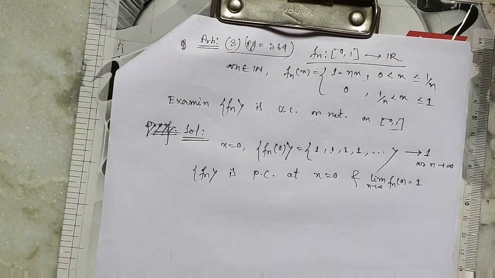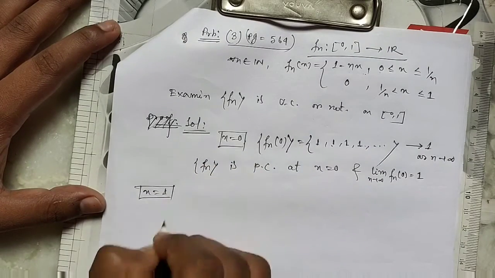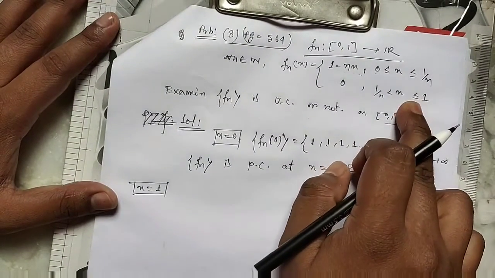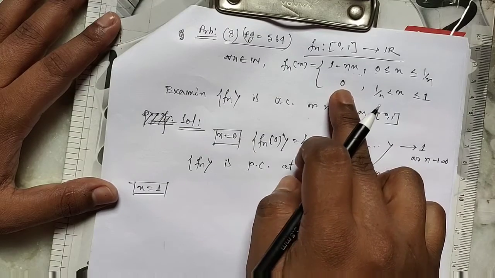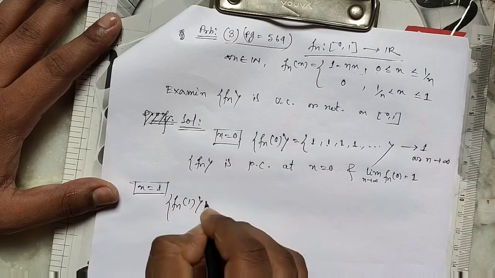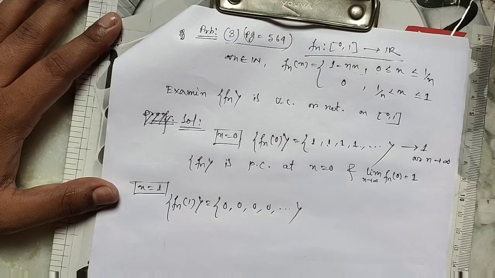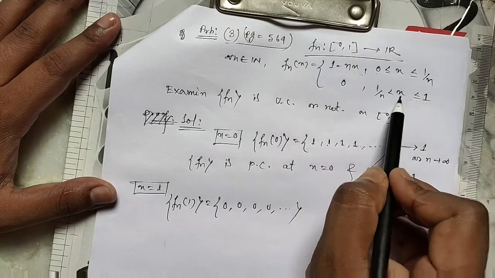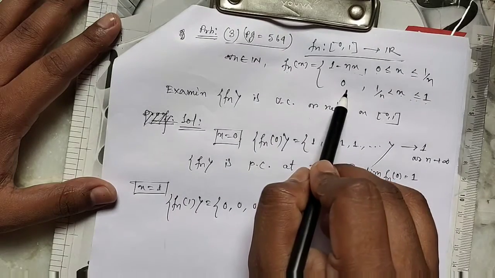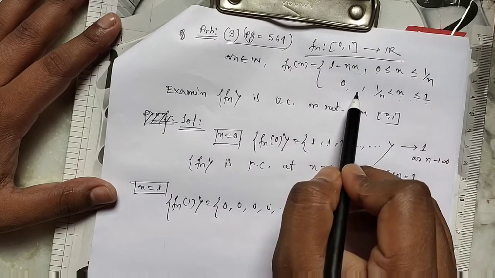Now for x equal to 1, we get this function, that is 0. So for x equal to 1, fn(1) is a real sequence, 0, 0, 0 and so on, because for x equal to 1, fn(x) equals 0 for each n.